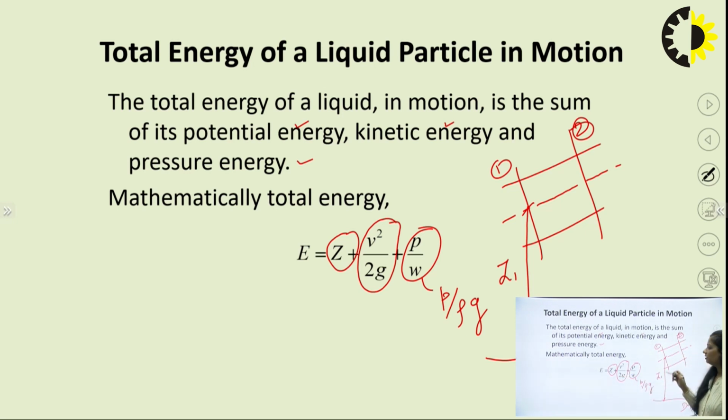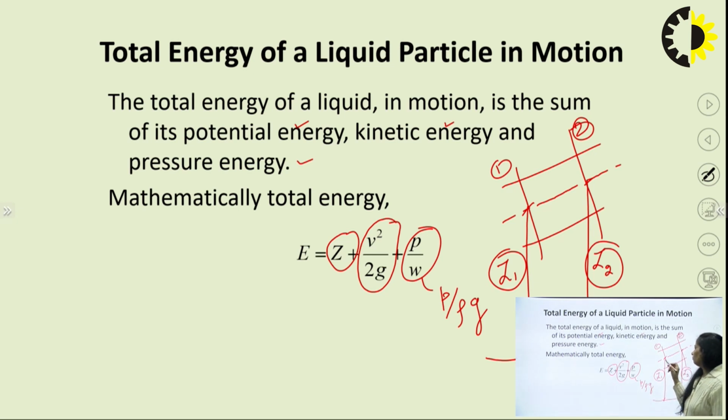This particular section has Z1 potential energy. And what will be the value of potential energy or datum energy at section 2? Let us suppose this is Z2.